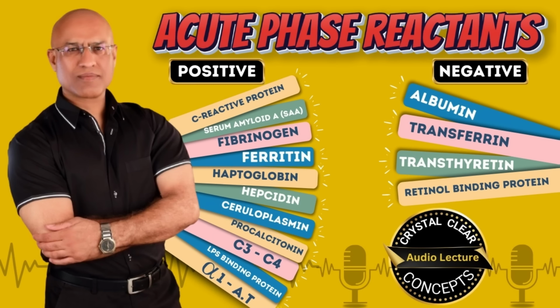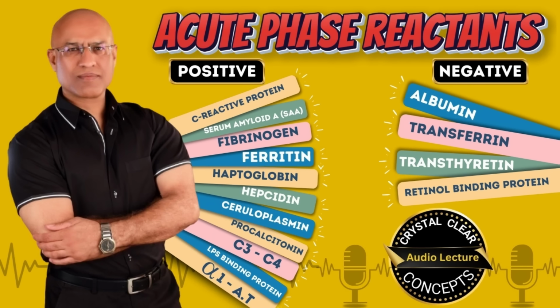Kupffer cells also start producing interleukin 1, interleukin 6, and tumor necrosis factor. Now all these pro-inflammatory cytokines, which are coming from circulation and also produced by the Kupffer cells, when they stimulate the hepatocytes, you know, hepatocytes are one of the very important cells which produce different plasma proteins.